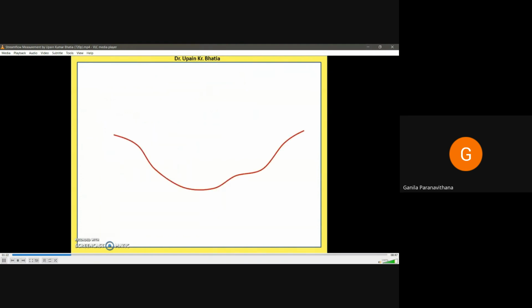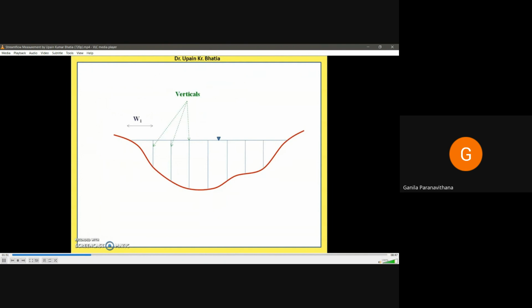Let us consider this as the cross section of a river. This is the water surface forming the overall cross section of the flow area. We draw a vertical line at a certain distance from the left bank, and this vertical line is called simply vertical. Similarly, we draw verticals at a regular interval throughout this cross section.